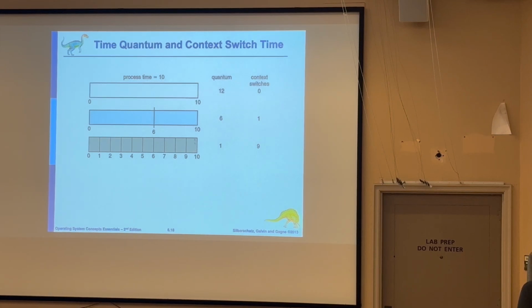But on the other hand, if you use a very long quantum, one process can hog the CPU for too long, and it makes the round-robin scheduling algorithm not efficient. So there's a trade-off here.